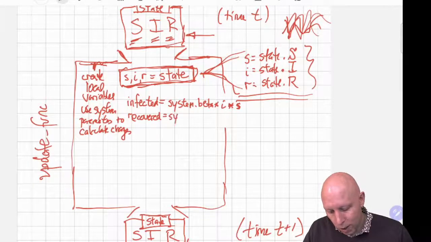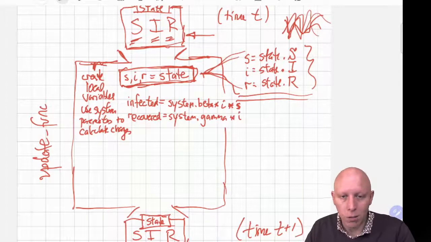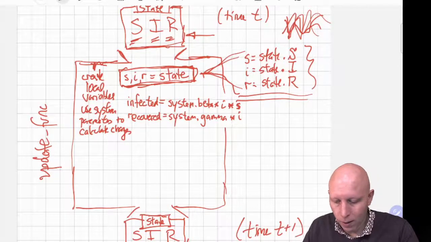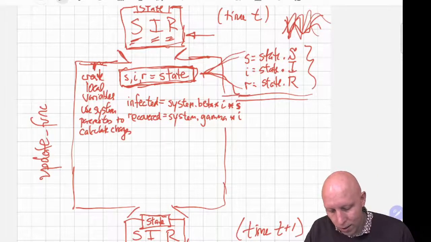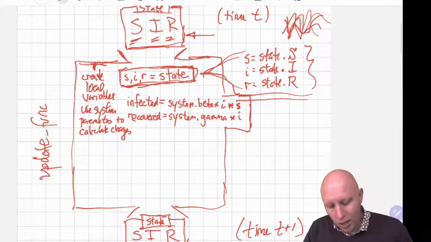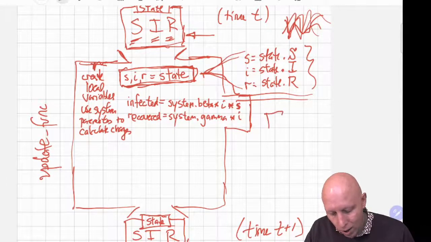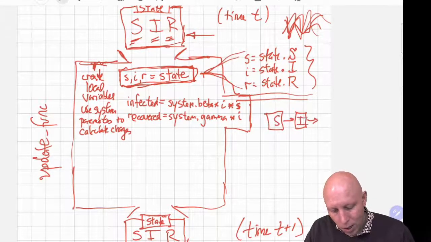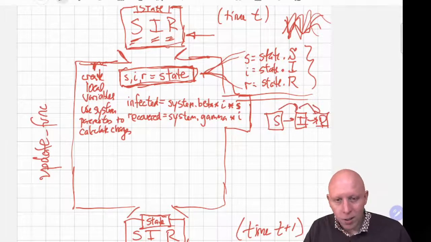Similarly, for the number of recovered, we need system.gamma times the current percentage of people who are infected. These are basically the changes in our SIR model. Those keep track of how many people have transitioned from S to I and from I to R.